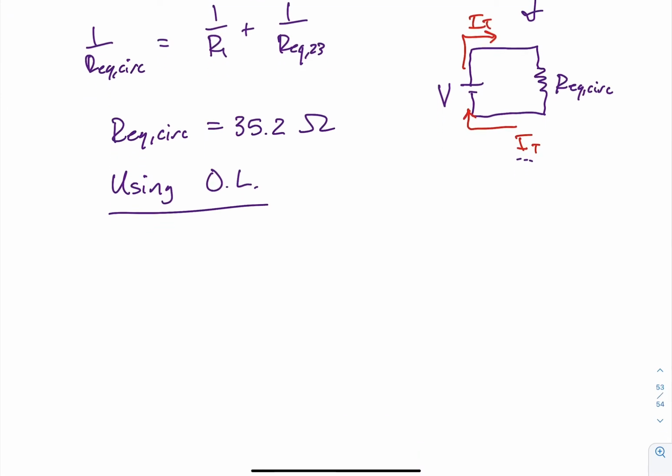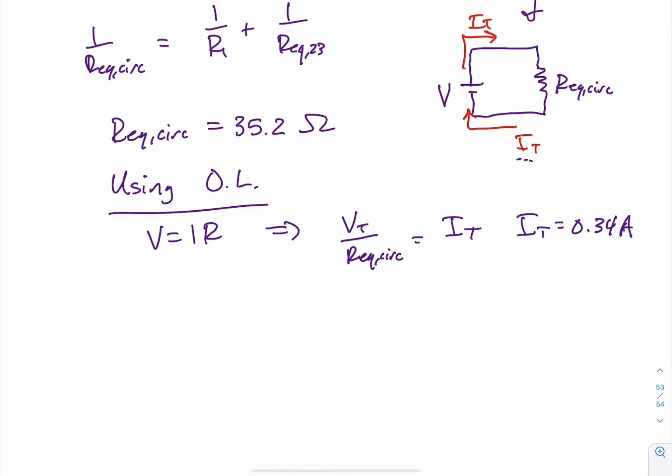So we know that using Ohm's law, V equals IR, we can get I total. So V total over R equivalent for the circuit is I total. So I total would be, and if you calculate everything out, it would be 0.34 amp.